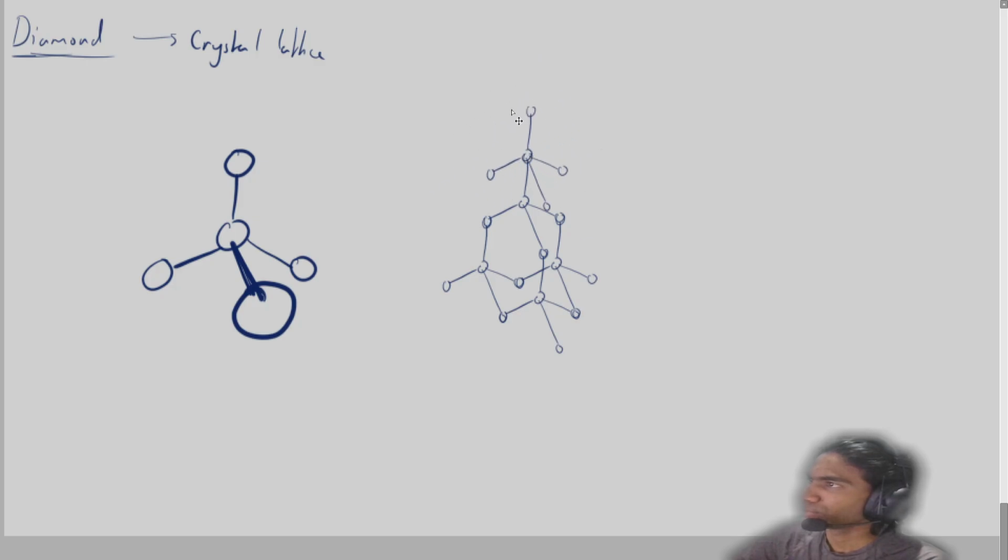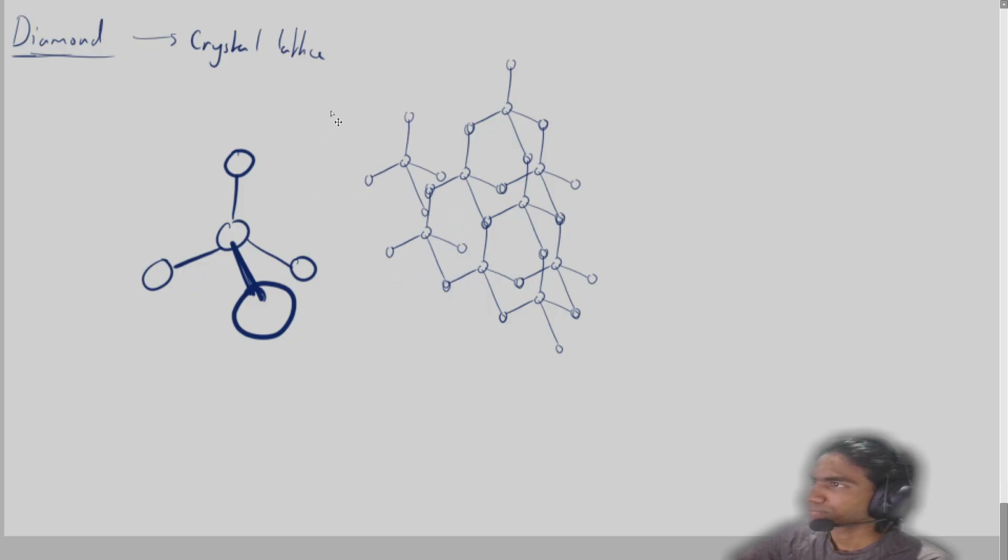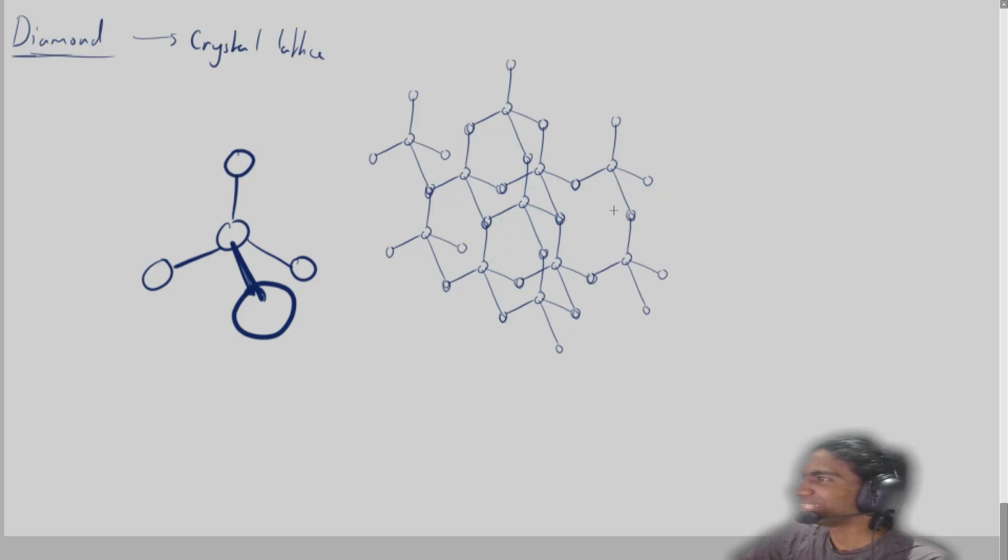We'd have one here, or rather, one here, another one here. So just from that one repeating unit, look at the kind of structure that we're forming. Can you spot that periodic kind of structure? It's so pretty. Probably you can find images of this online as well. But this is typically what the structure looks like, and it's extended out in 3D. And that's actually what diamond's made up of.